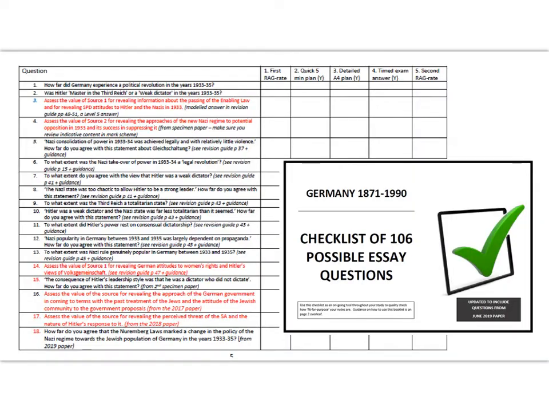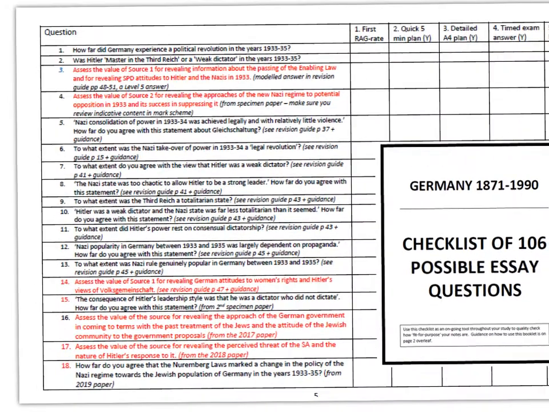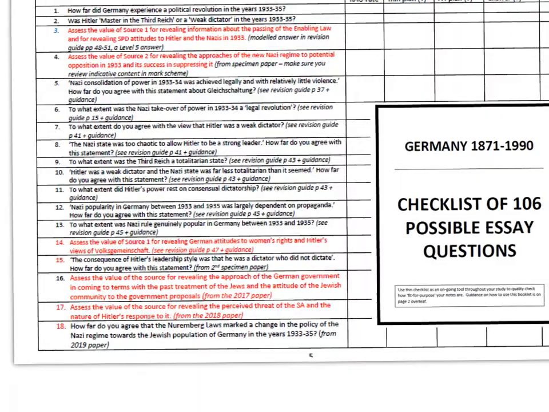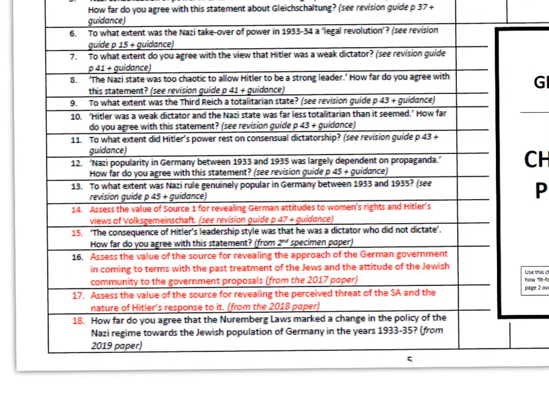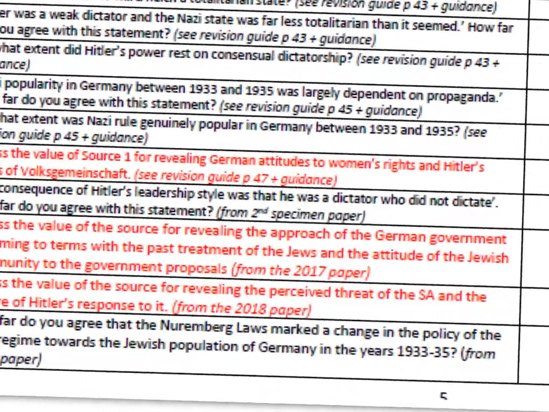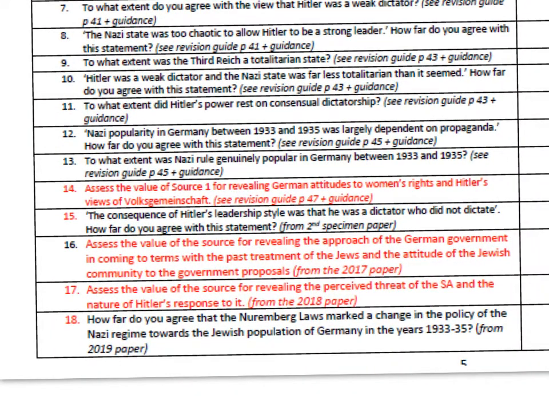Because we're beginning a new depth study, it's obviously a good opportunity for you to have a look at the typical questions that you could be asked in the examination. Those in red are section A questions, and at the bottom it tells you a lot of these are taken from the revision guide and the textbook. The papers have been examined 3 times, and in both 2017 and 2018, the Nazi topic was in section A. And also the Nazi topic was examined in section B last year in 2019.